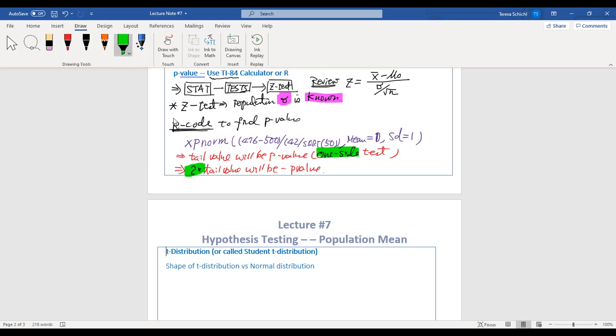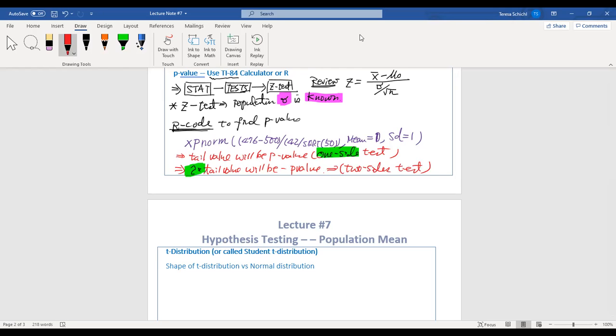Make sure that two times the tail value is the p-value for the two-sided test. Make sure you know how to do that.